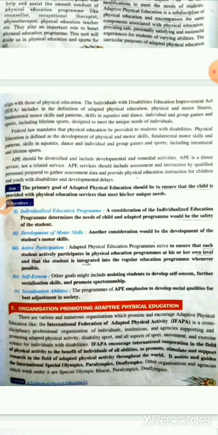Each and every child should be provided with physical education service to meet his or her unique needs. This is the aim of adaptive physical education: to provide every physically disabled person physical education service so that it meets his or her unique needs.